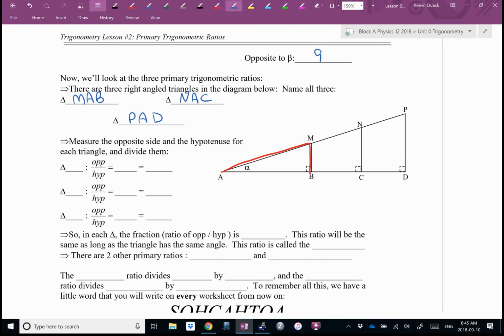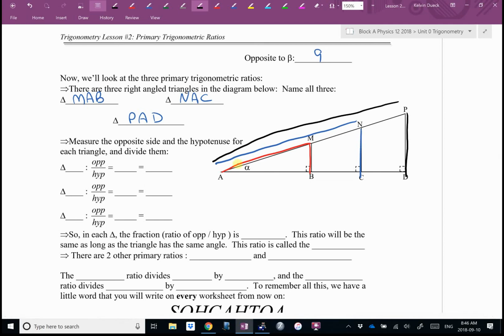If I took this opposite side and divided it by that hypotenuse, I would get exactly the same decimal, if I measured with a really accurate ruler to an infinite number of decimal places. If I took this opposite side and divided it by that hypotenuse, I would get exactly the same decimal as the other triangles.